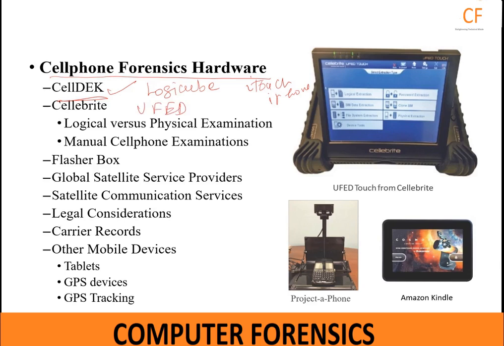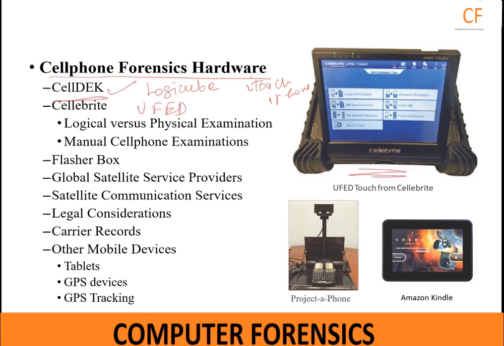Part of UFED's success stems from the wide range of phones supported by Cellebrite, including iOS, Android, and RIM devices. The UFED Touch can be used in the laboratory or in the field, which appeals to law enforcement. The diagram shows a UFED Touch.